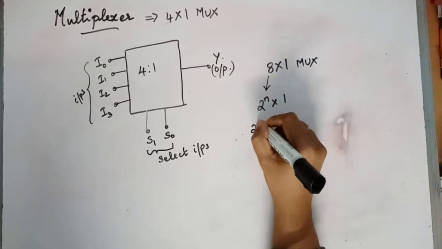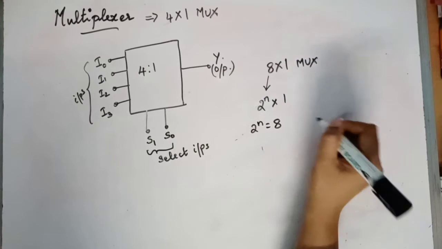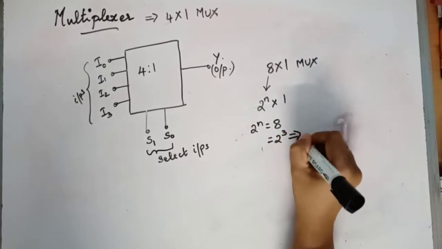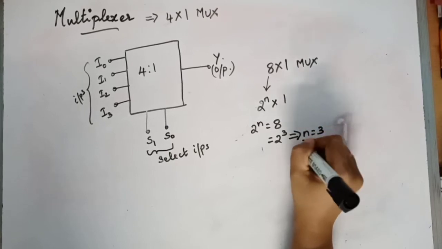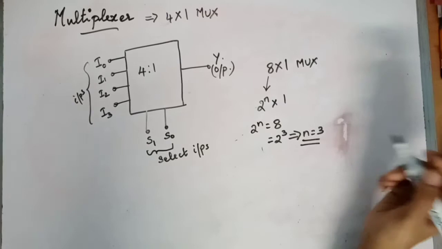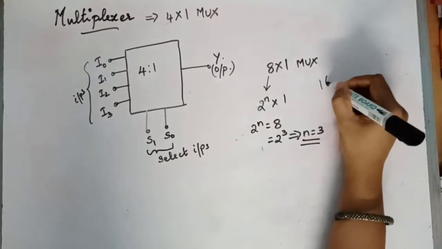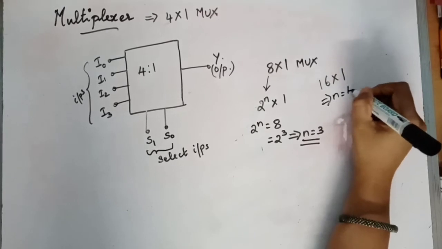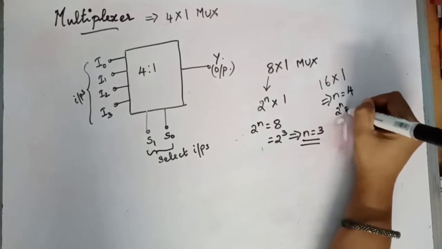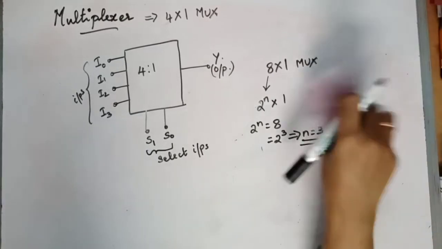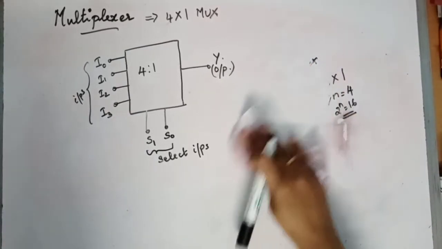So 2 raised to n is equal to 8, or that is equal to 2 raised to 3. Therefore n equal to 3. So you should have 3 select inputs. Similarly, for a 16 by 1 mux, n will be 4 and 2 raised to n inputs will be 16. Likewise, you can construct any multiplexer.